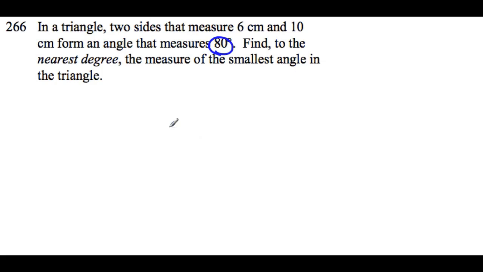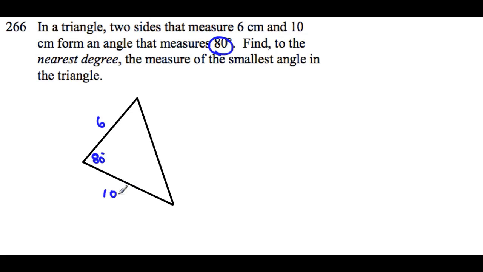So in fact, if I have to draw one triangle here, you see this can be 80, and this can be 6, and this can be 10. Now, if you have drawn the picture nicely, you will realize that the opposite of 6 is the smallest angle. But who knows what we can guarantee.